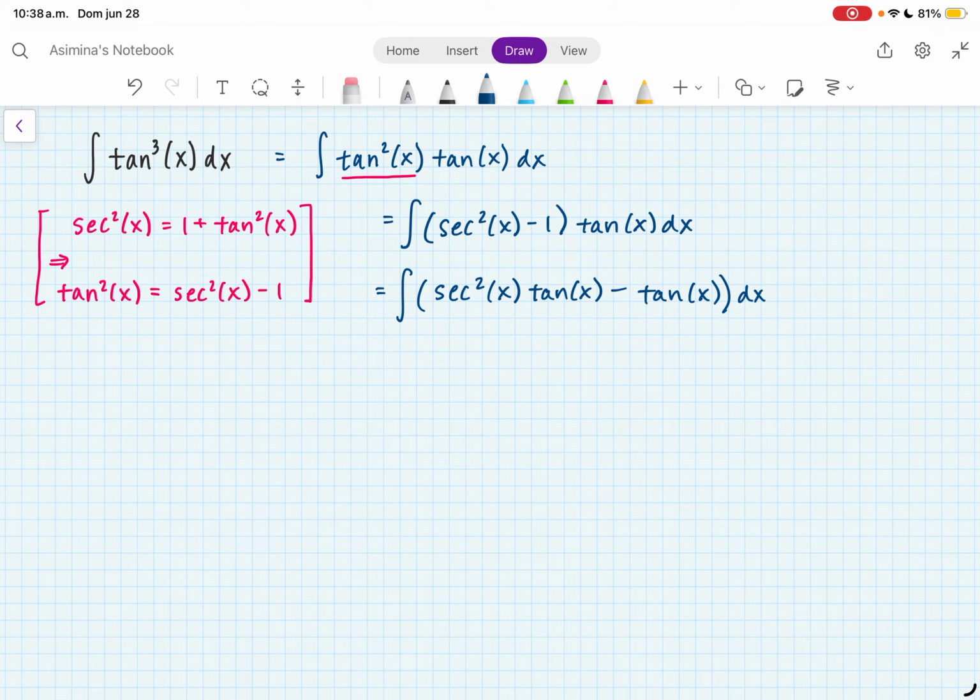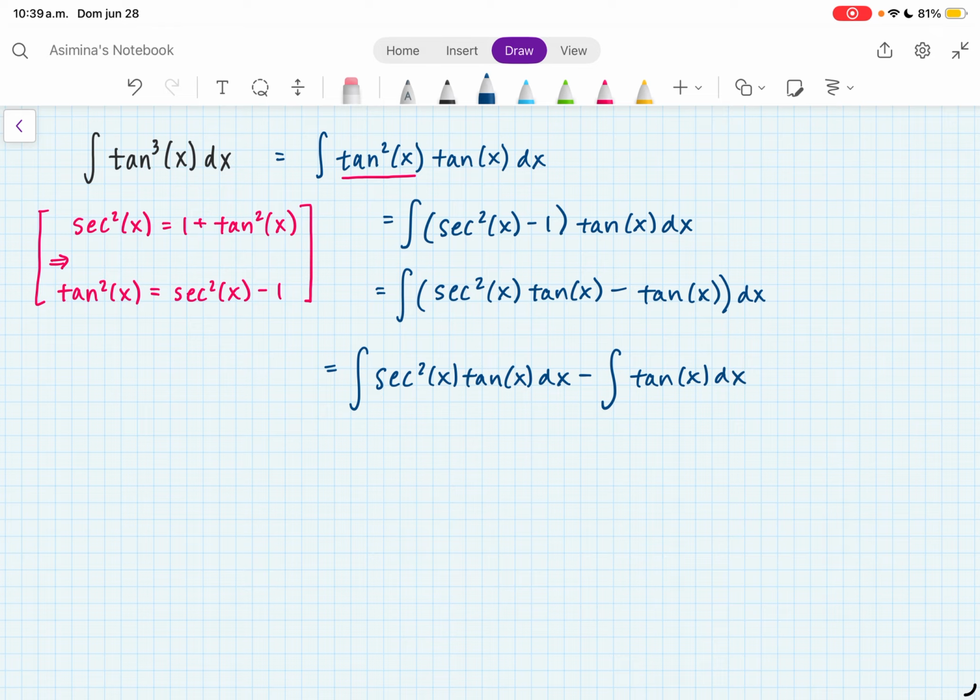So I can rewrite this one integral into two integrals. Notice, then I have the integral of secant squared tan dx, and an integral of tan dx, and we know how to take the antiderivative of both of those. So I'm going to write this as the integral of secant squared x tan x dx minus the integral of tan x dx.